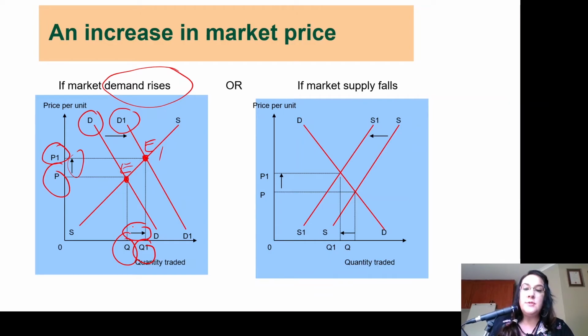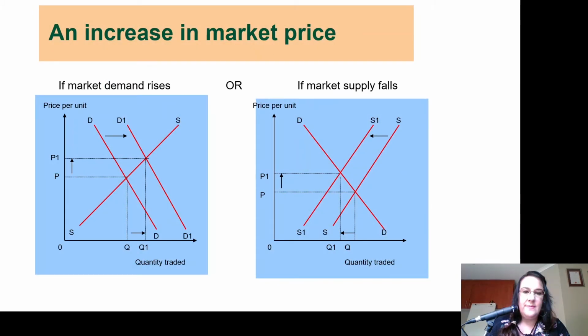So you always have to look at what was my old equilibrium point, what was my old market quantity, what was my old market price, and then see from there if your price has increased, if your quantity has increased, or what the result was of that shift.